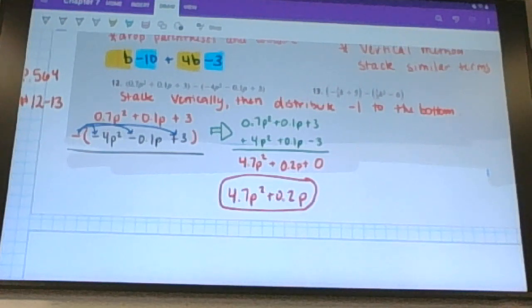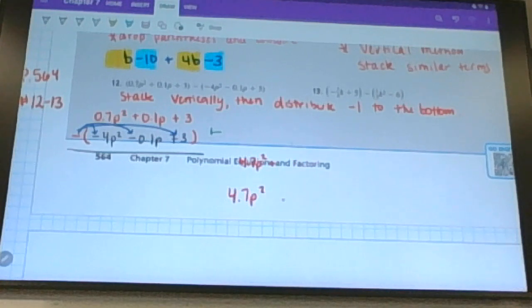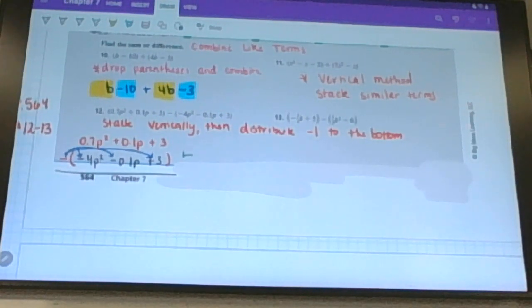Alright, I'm going to erase number 12. So we have number 13. Here we go.